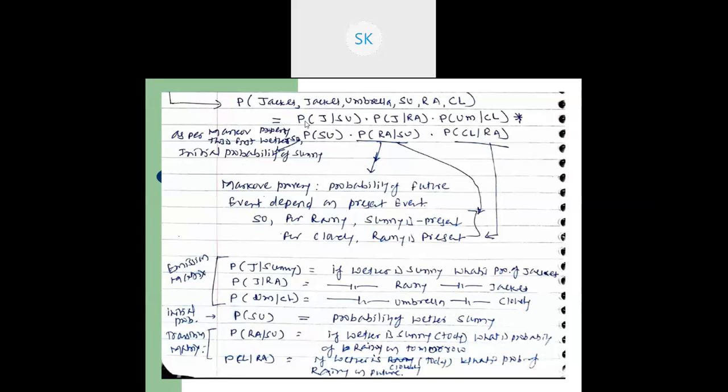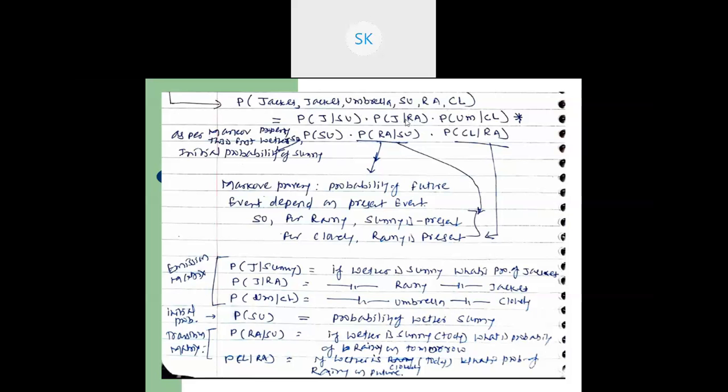So this is equal to probability of, now the joint probability of A and B is A by B into B, right? So jacket by sunny, jacket by rainy, and third, umbrella by cloudy.